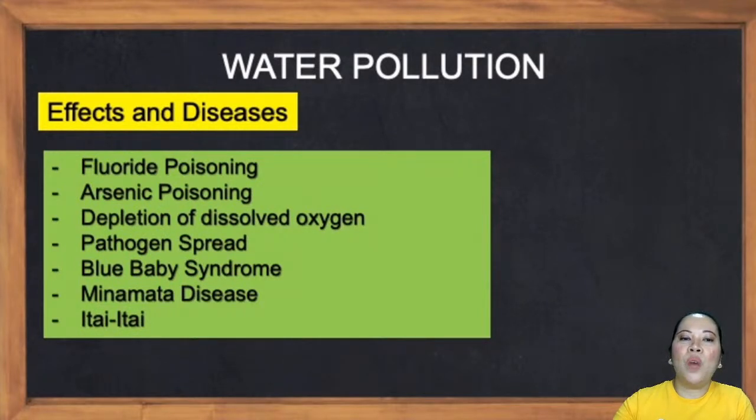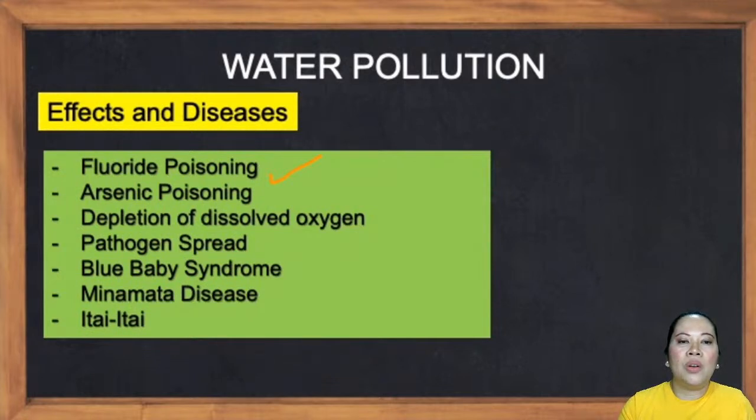Okay, so one example of water pollution, you can have your fluoride poisoning, arsenic poisoning, all those poisoning things that the factories or the mining areas actually discharge as their contaminated byproducts. So those are poisoning.